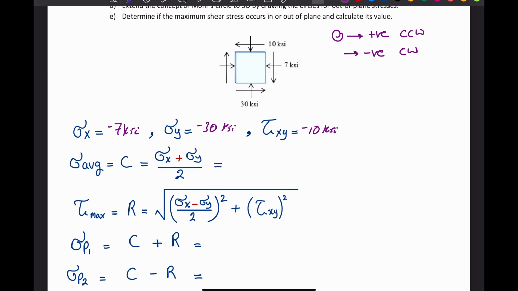Okay, and now sigma average, which is the center of the circle, I'm going to say negative 7 minus 30 over 2, and that is negative 18.5 ksi, and that's the center of the circle. So the center of the circle is going to be C, which is negative 18.5 and 0.